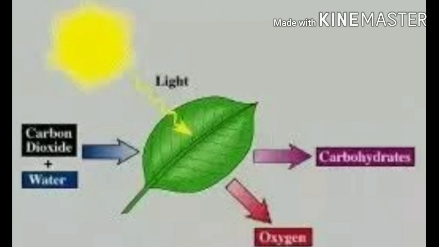The green plants, which are autotrophic, synthesize food through the process of photosynthesis. Photosynthesis is a process by which green plants having chlorophyll synthesize the simple sugar, that is glucose, from the simple raw materials, water and carbon dioxide, using the energy of sunlight.